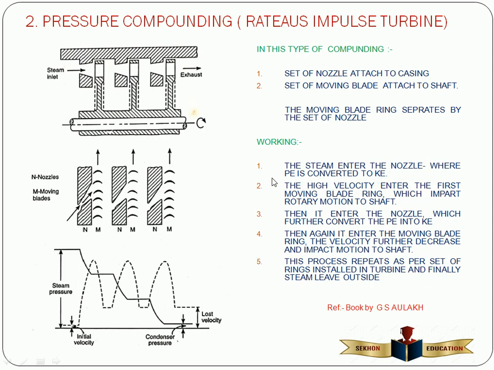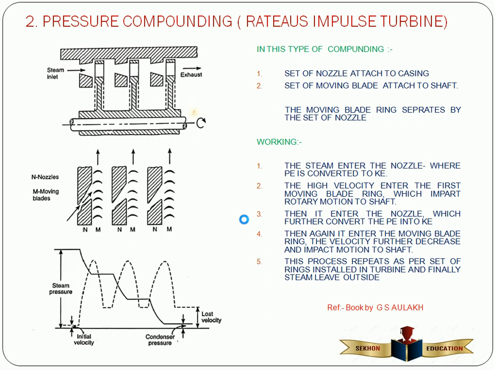The steam enters the nozzle where the pressure is converted to kinetic energy. Then the high kinetic energy enters the moving blade where it imparts motion to the rotor. Then again nozzle, then again moving blade. This process keeps going for the number of sets that we install in our turbine. So this is all about pressure compounding.